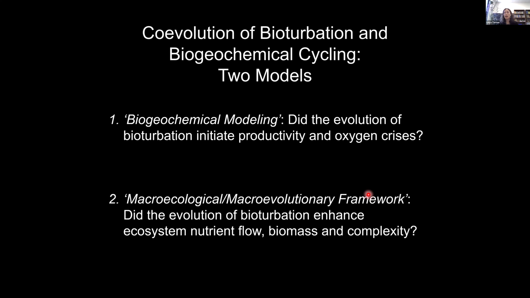And on the other hand, expectations driven by macroecological and macroevolutionary theory might suggest that the emergence of bioturbation, like other forms of ecosystem engineering, should have the opposite effect, should enhance the trophic transfer of nutrients and sustain greater ecological complexity. But before we can really dig into whether or not these two frameworks could be reconciled, or whether one of them might potentially have shortcomings, I think we need to better understand some of the assumptions that are inherent to each of these.